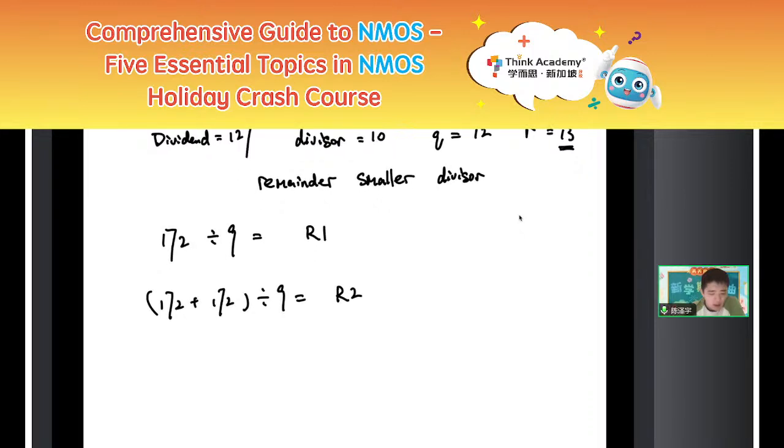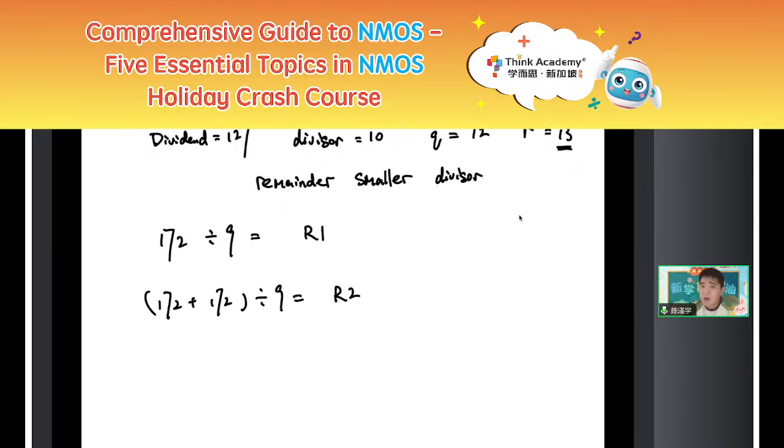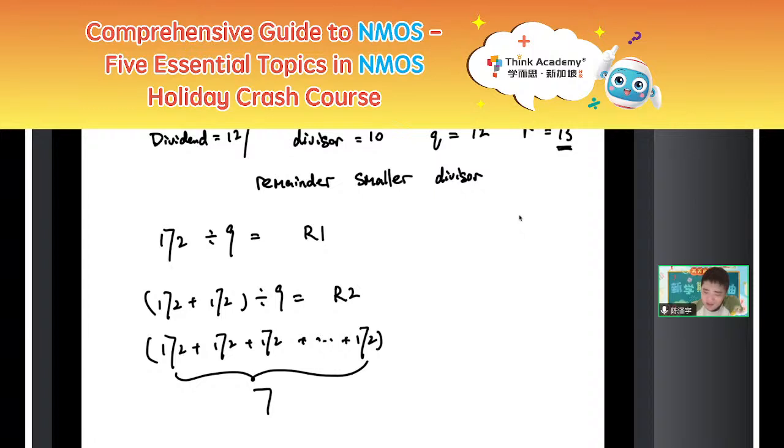Okay, maybe you can calculate this. Now, what if we have 172 plus 172 plus, in total, 7 172s added together? Then what will be the remainder?